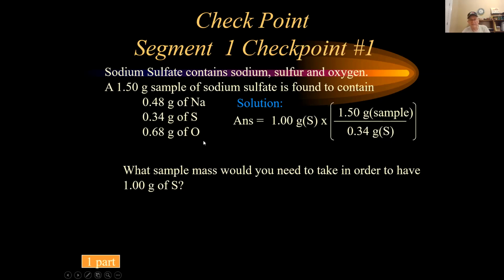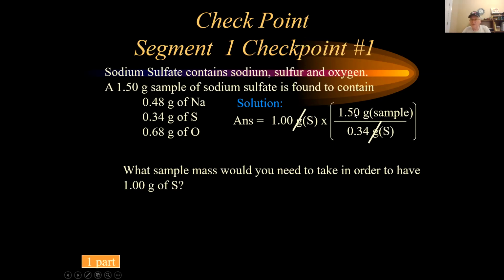And I put the data. If I want grams of sulfur to cancel, that needs to be in the denominator. I want grams of sample in the numerator because that's what it's asking for here. I set it up so that the grams of sulfur will cancel and I will have grams of sample.